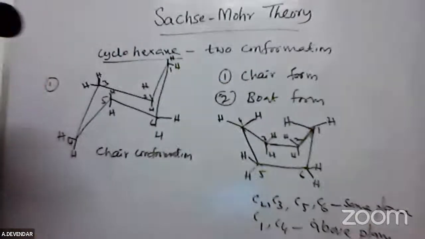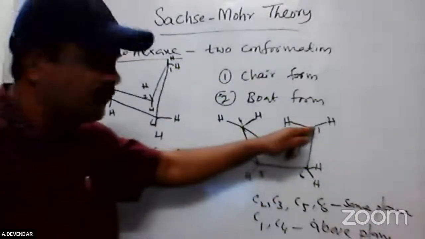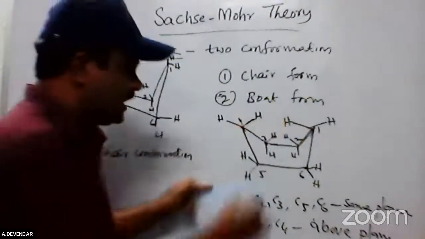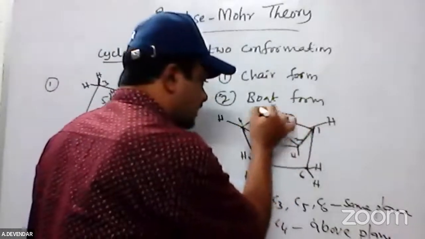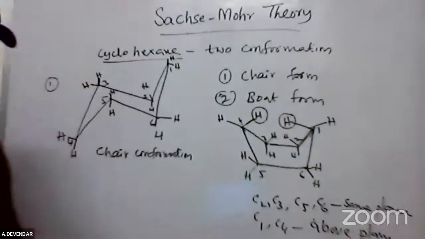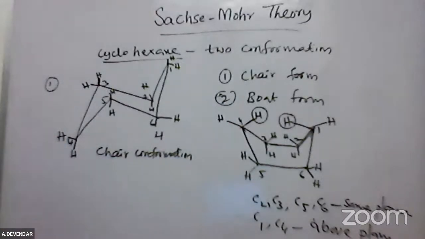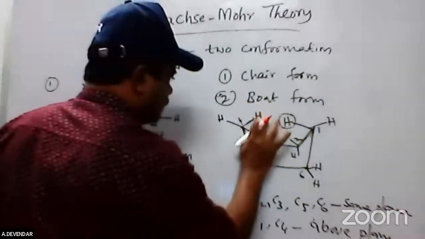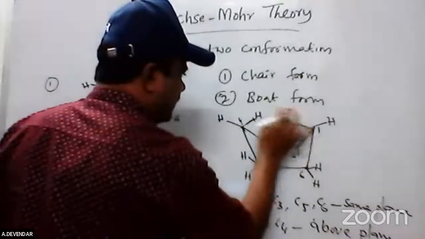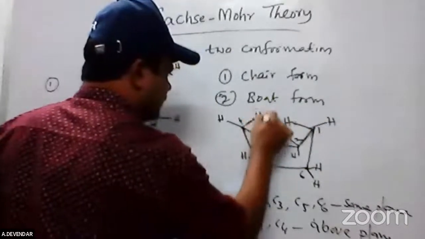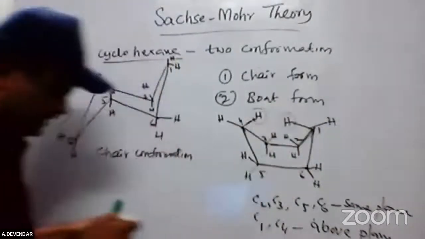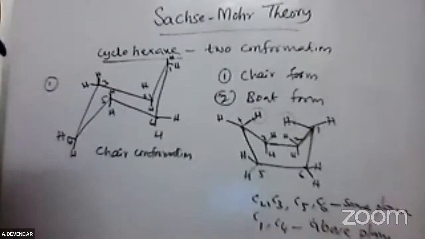Okay, friends, the carbon 1 and carbon 4 are above the plane. Let me use a different color. So friends, I'm using red color for this hydrogen; it may not be visible.